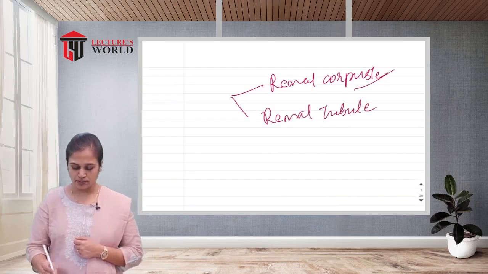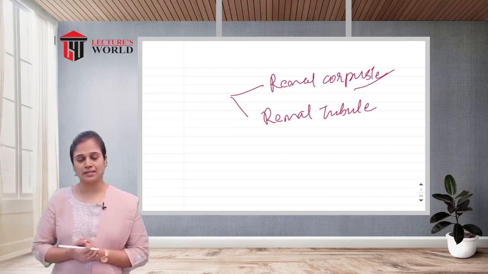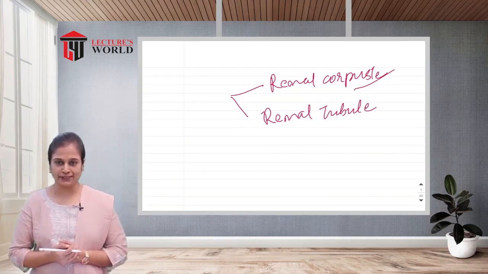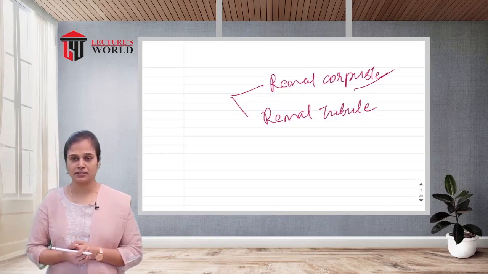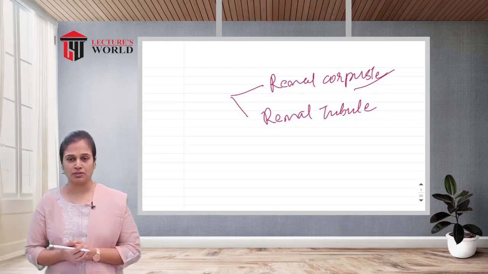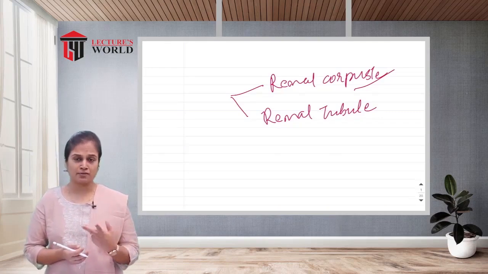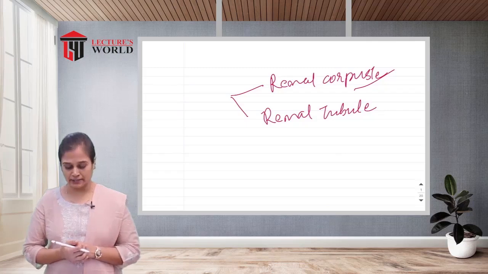The renal corpuscle has two main structures, that is the glomerulus and the Bowman's capsule. The glomerulus has efferent and afferent arterioles, and the Bowman's capsule has two layers, the visceral and the parietal layers.